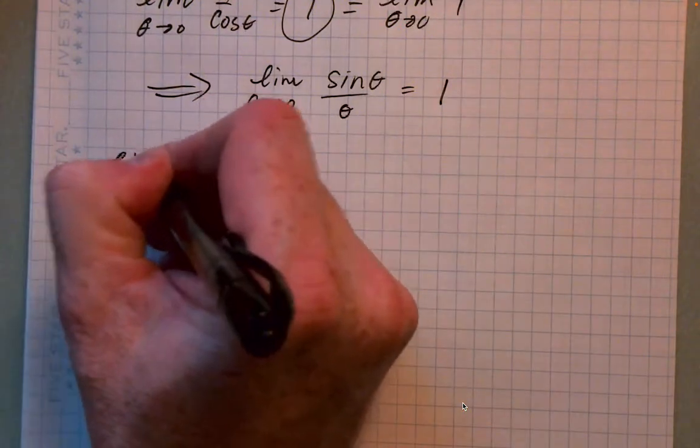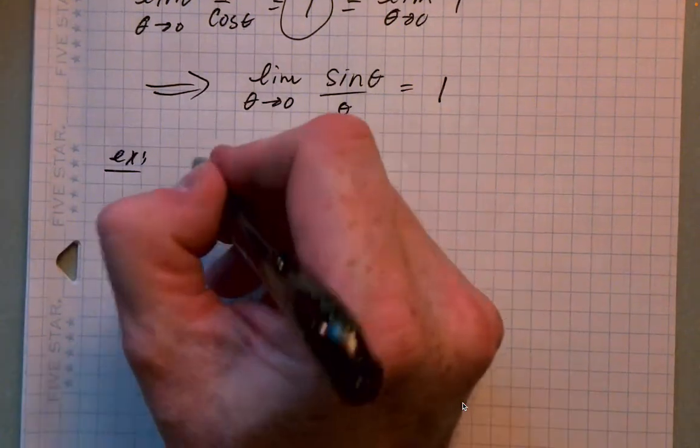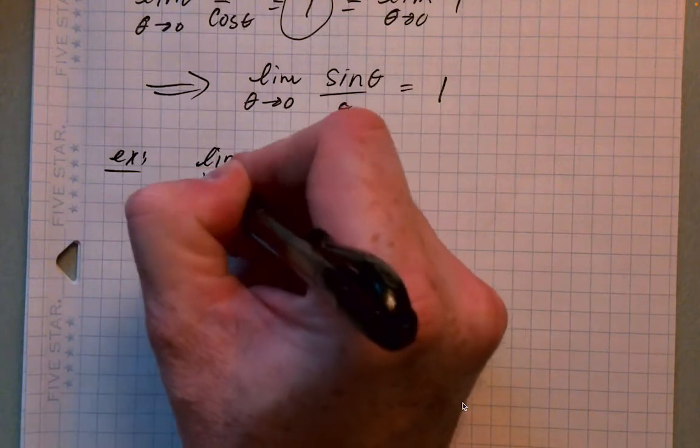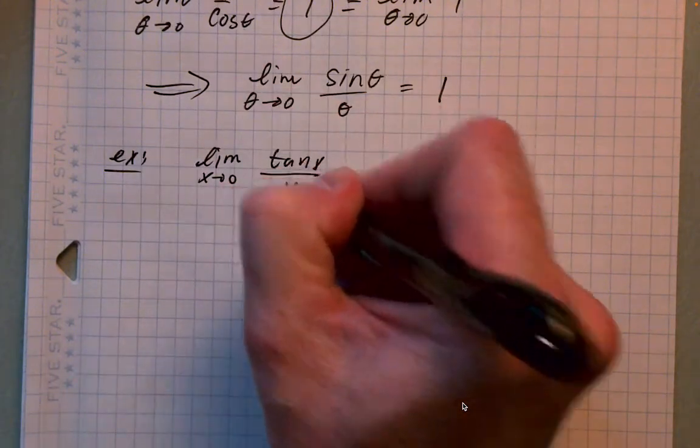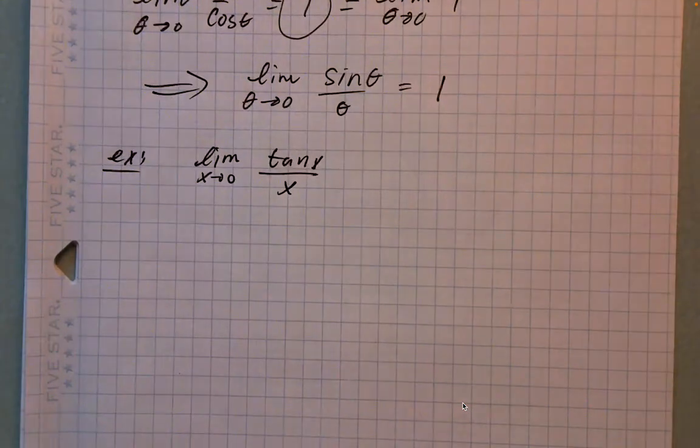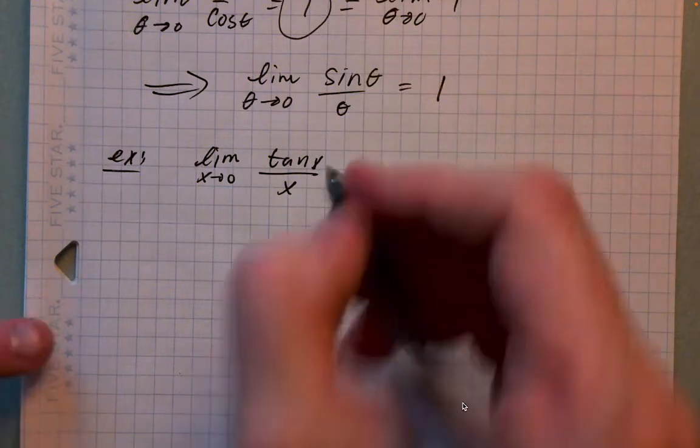So example, let's evaluate the limit as x goes to 0 of the tangent of x over x. Okay, so this is one where, again, we're taking advantage of what we can do with trigonometric functions.